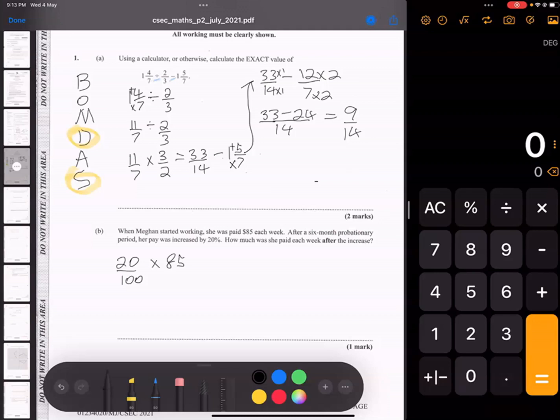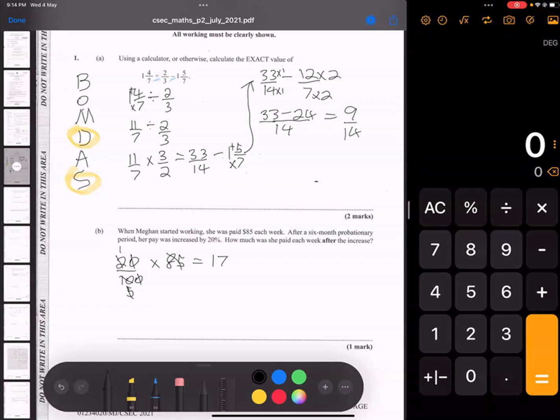So we do some canceling. 5 into 85 gives us 17.